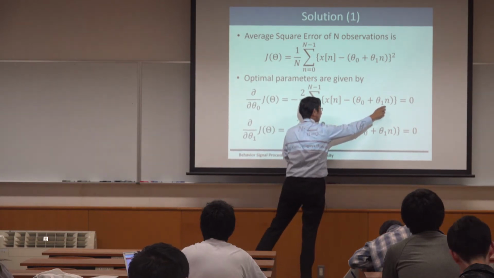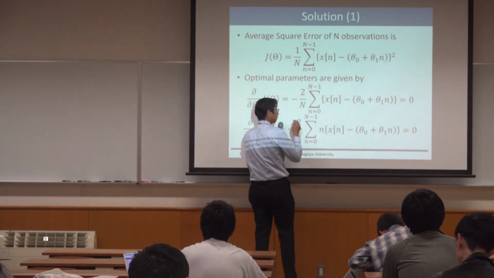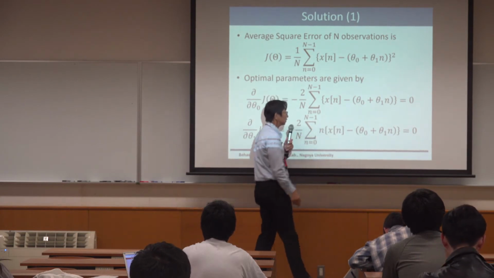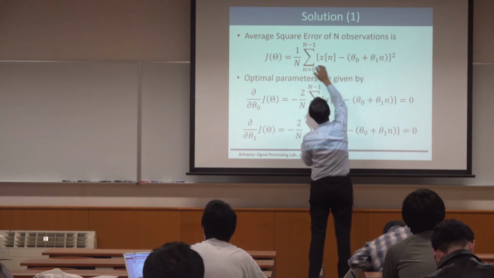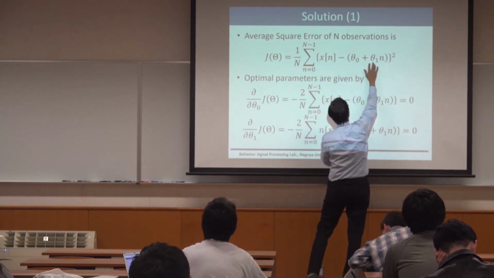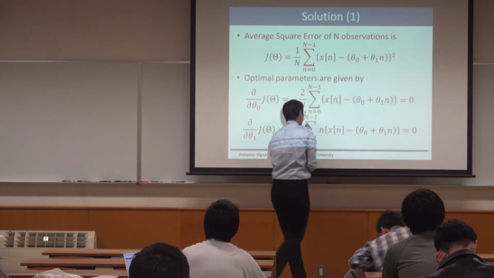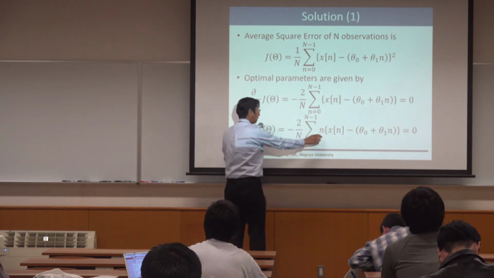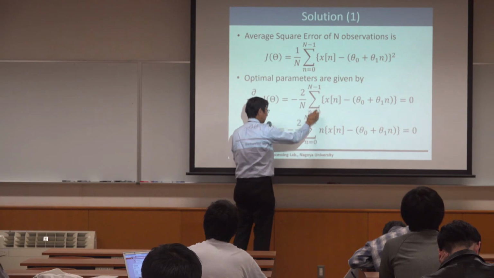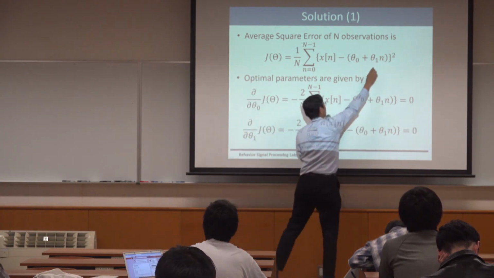Here it's multiplied by n. Therefore, when you calculate the derivative with respect to theta 1, you get a product term here. That becomes here.